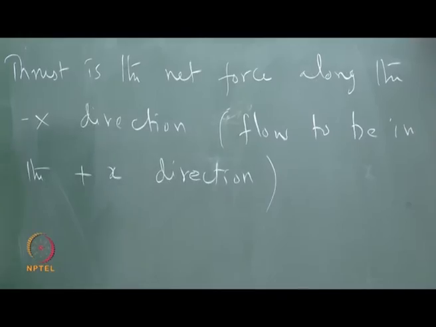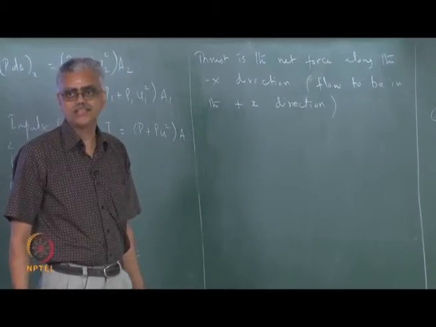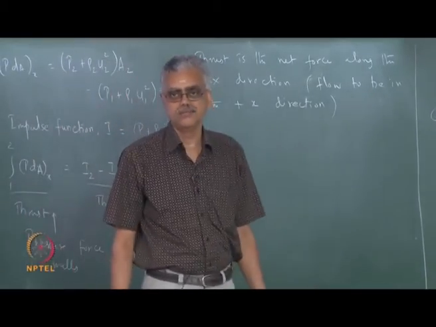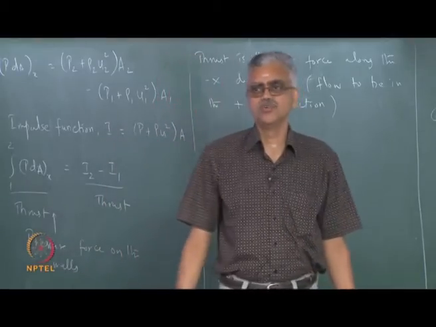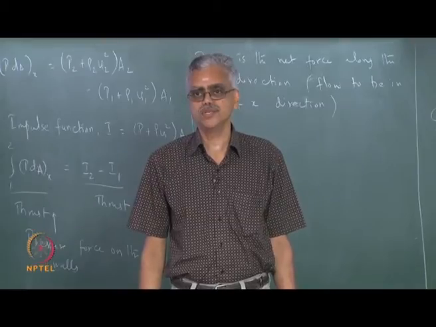So, if the flow is in the positive x direction, thrust acts in the positive direction. When I do I2 minus I1 and I get a positive value, that tells me that I am producing thrust. If I get a negative value, that tells me that I am actually producing drag.